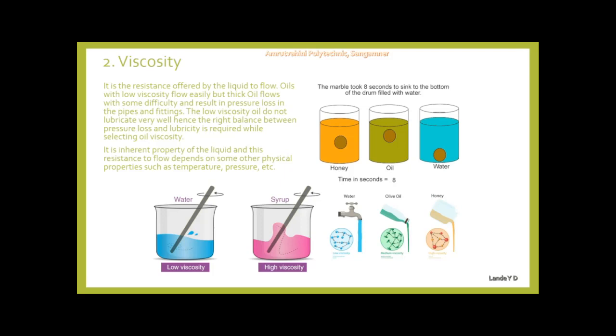Finally, it affects the ability of the oil to transfer heat and maintain proper operating temperatures. To ensure optimal performance and efficiency of hydraulic systems, it is important to select hydraulic oils with the appropriate viscosity for the specific application. This may depend on factors such as the operating temperature range, system pressure, and flow rate.